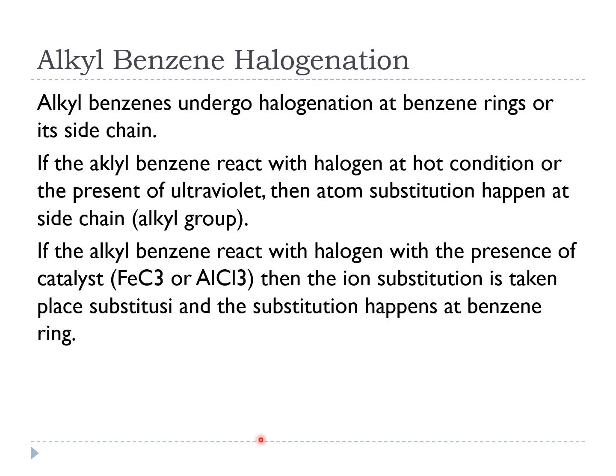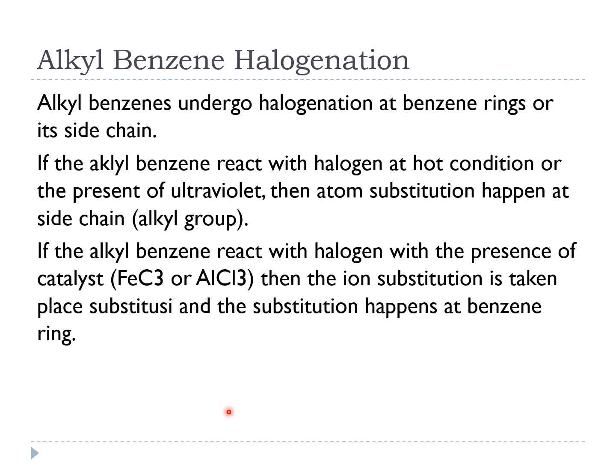Okay, in halogenation, there are two types of halogenation. Halogenation can happen in the benzene ring or in the side chains. If the alkyl benzene reacts with halogen under hot conditions or in the presence of ultraviolet light, then the reaction happens at the side chain or alkyl group.